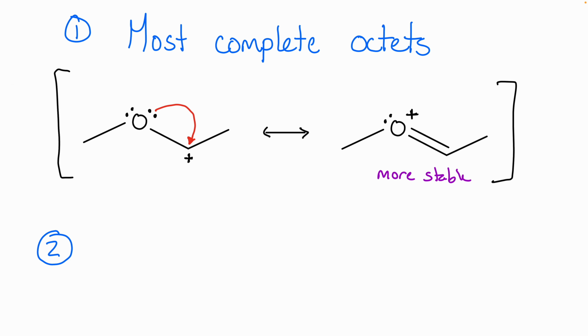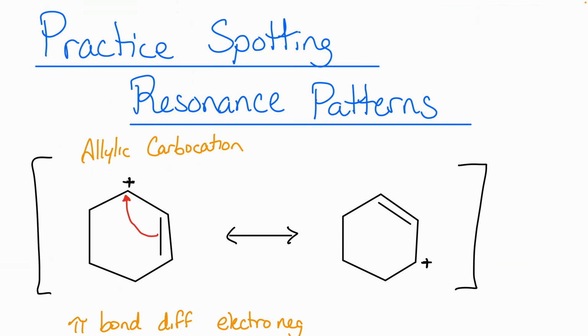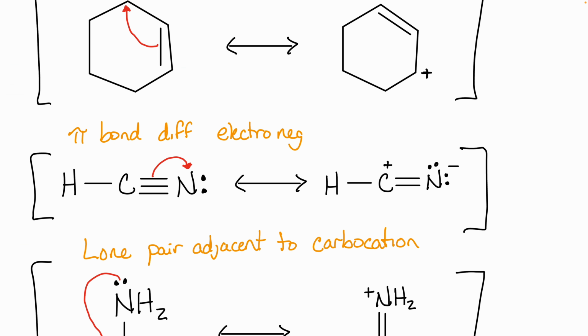All right, the second thing to consider: the most stable resonance structure has the fewest formal charges. So again, our example of this hydrogen cyanide here.